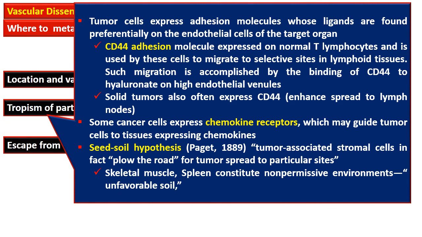Another concept is the seed and soil hypothesis that was presented by Paget in 1889. He stated that tumor-associated stromal cells, in fact, plow the road for tumor spread to a particular site, because a significant amount of blood is supplied to skeletal muscle and spleen, but these organs do not show frequent metastasis.